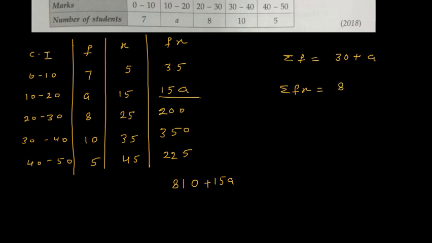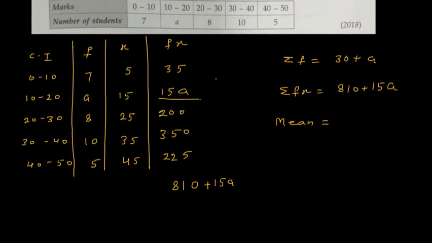So this is 810 plus 15A. This is summation of fx, and the mean of the problem is given as 24.